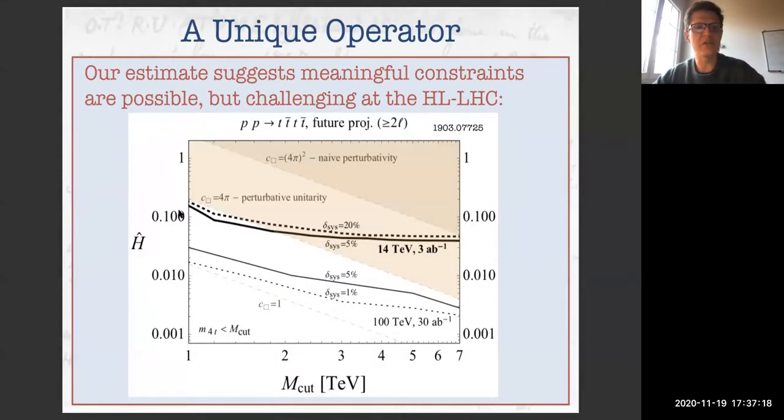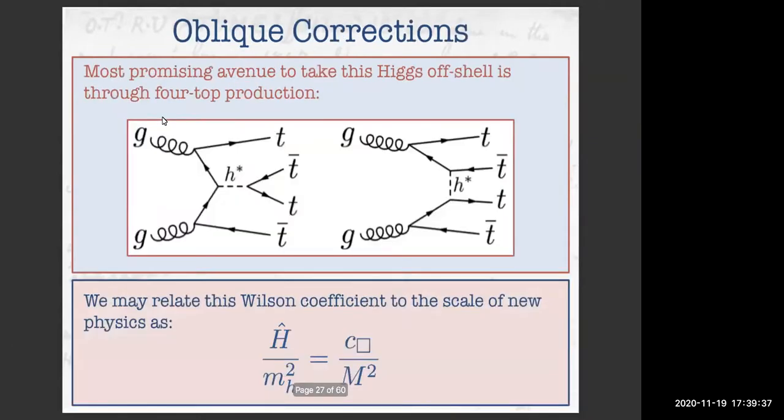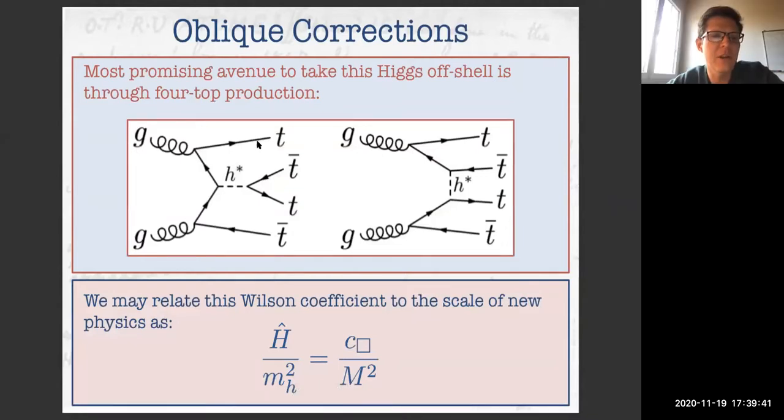And so what sort of constraints can you get? Maybe from one slide behind, and then, yeah, from here. Thanks. Okie doke. So yes, to probe the presence of these modifications, we have to take the Higgs off shell.